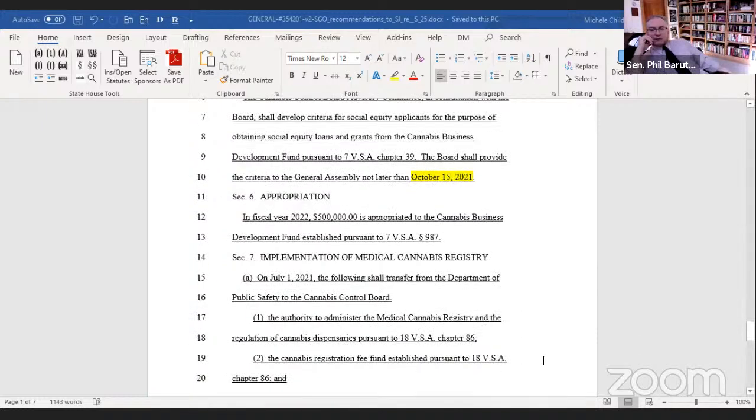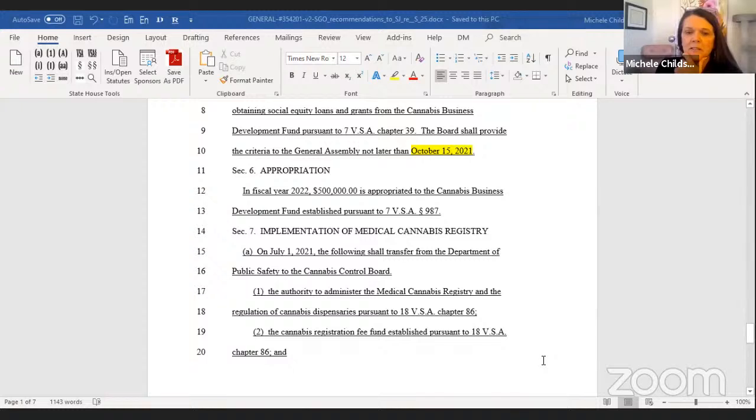Yep. Section 7, this is moving the medical program over to the control board, I guess 8 months earlier than was provided in legislation that passed last fall.